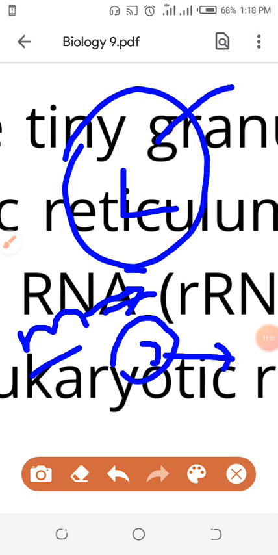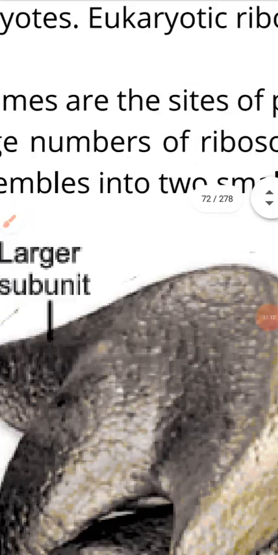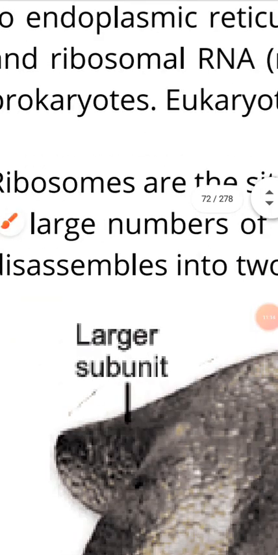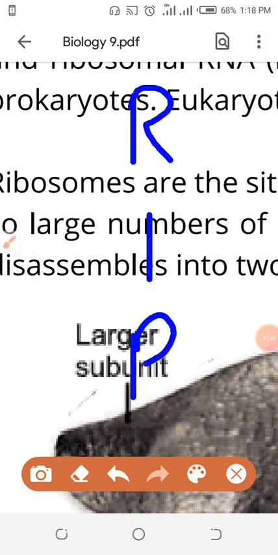Messenger RNA will come, and it will give the message to the large ribosomal unit and the small ribosomal unit, and what will happen later on? The ribosomes will be able to form the protein when both units combine.